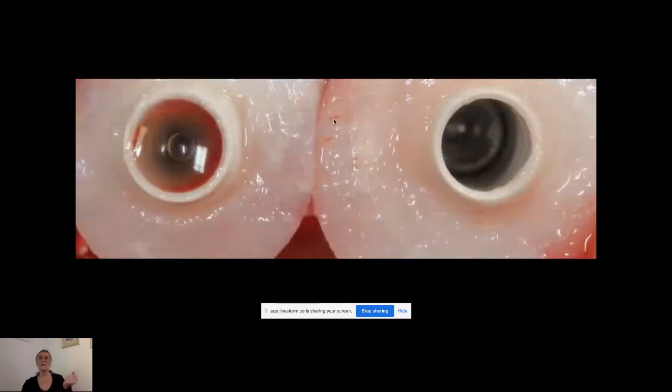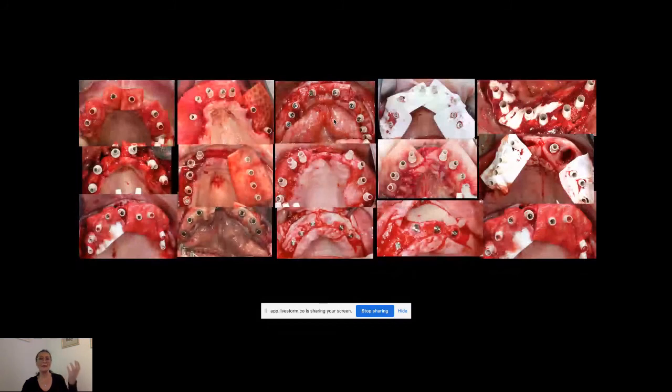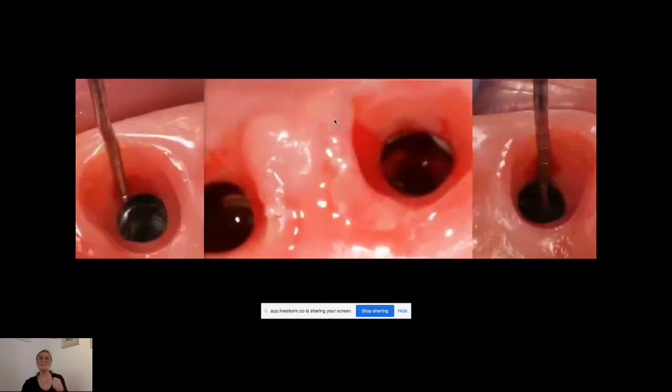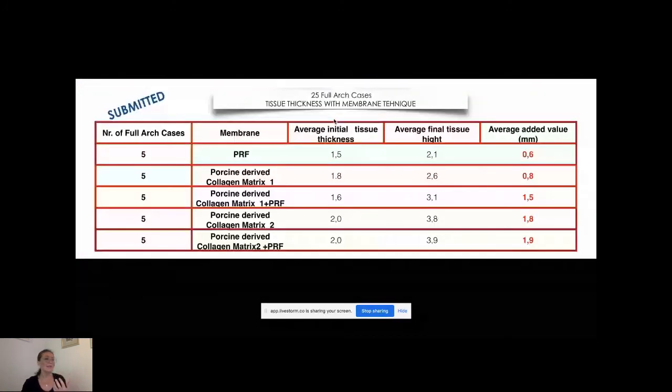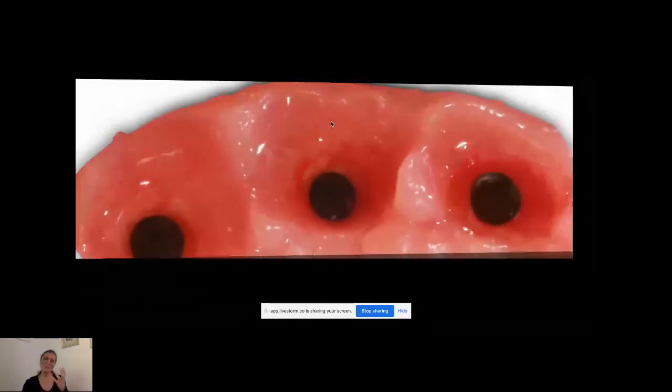And this is a study which is now submitted and awaiting approval at the Frankfurt University, with a couple of matrices and PRF, to evaluate and quantify the soft tissue thickness that we can gain, because we know that the tissue thickness is really needed.